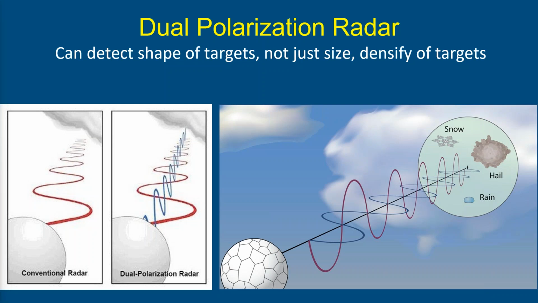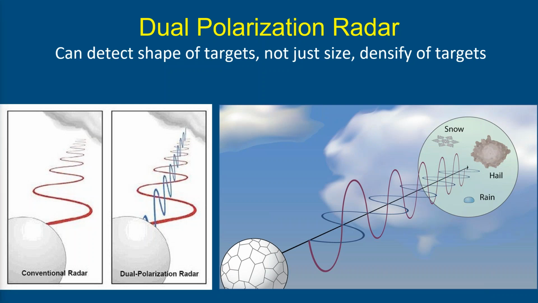It would go out with a horizontal, and it would return information on the horizontal dimension of the target. What dual polarization means is we now have horizontal and vertical polarized waves going out. And therefore, now we're getting not only the horizontal dimension, but the vertical.